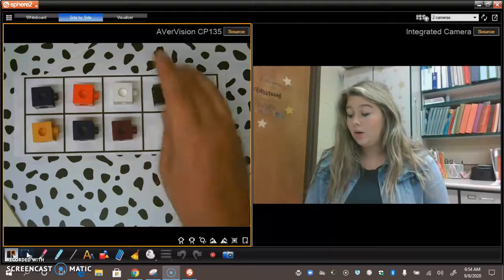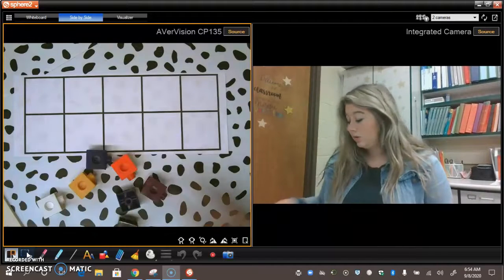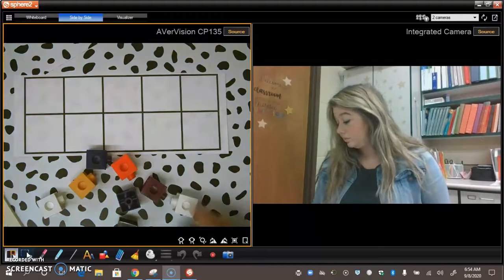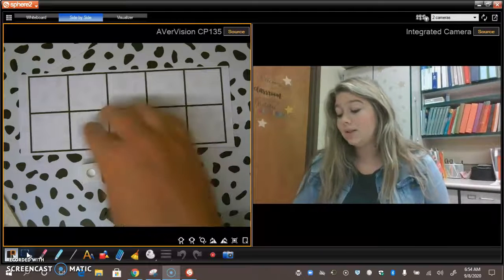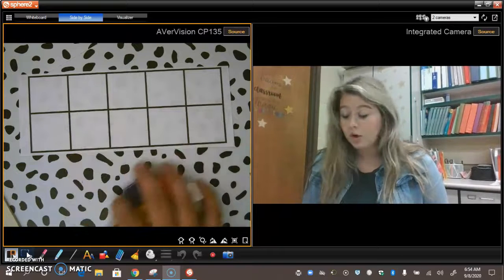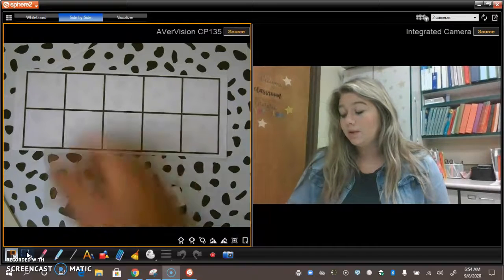Okay, so now let's try this with 10 cubes. Okay, so we have 10 cubes now. Let's see if it's an even or an odd number and if all the cubes have a pair. So let's see.